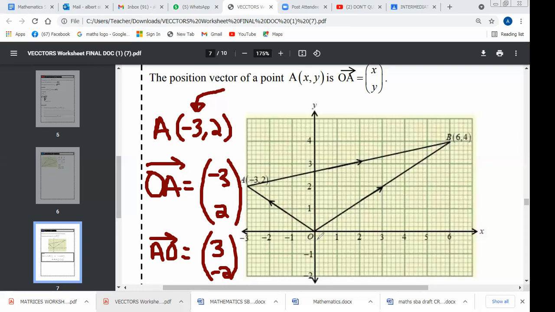Okay. So what I want you guys to do is write down O to B as a column vector. And then I want you to write out what is BO. All right, that should take you no more than 30 seconds. Go ahead.